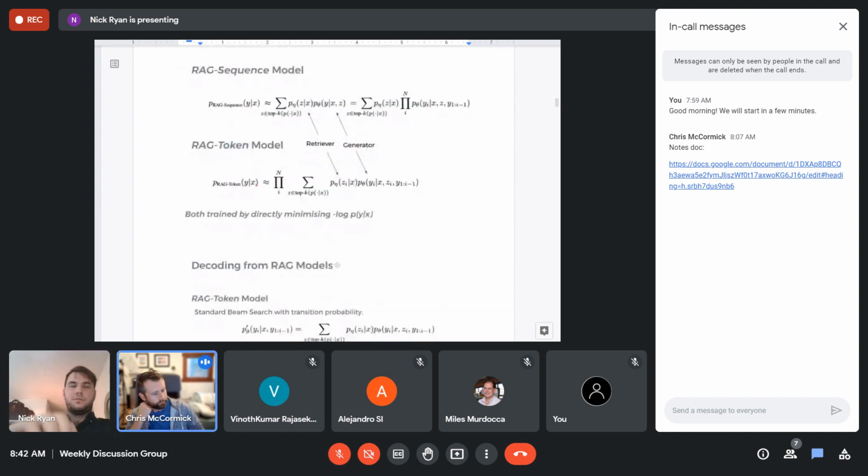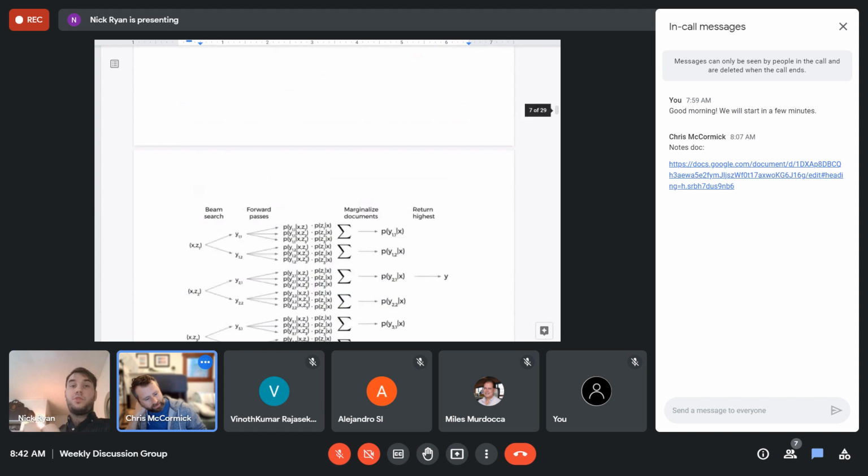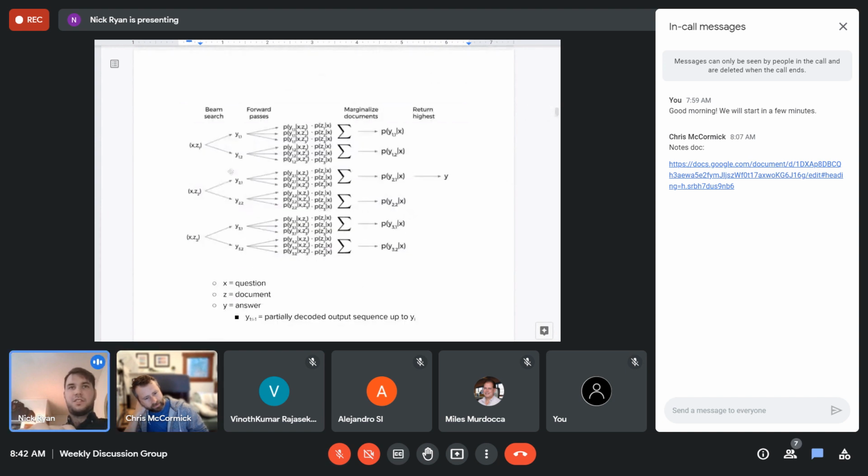Yeah. So I'm trying to think what the disadvantage to RAG token is, because it sounds just better and smarter really, but I'm guessing it's a more ambitious task maybe. So yeah, it's more expensive certainly, way more expensive.